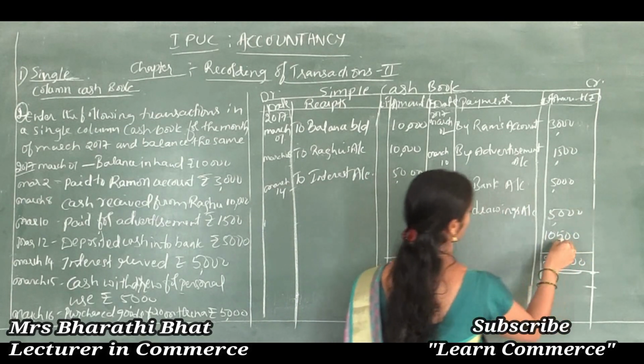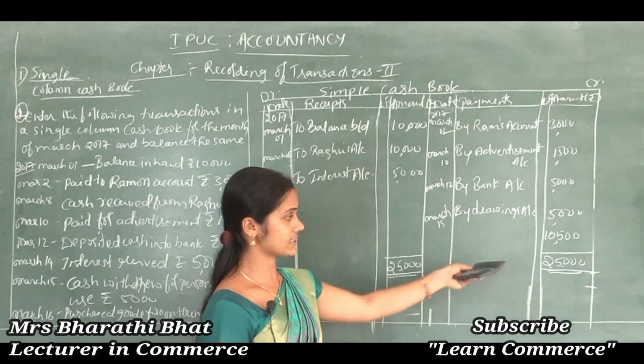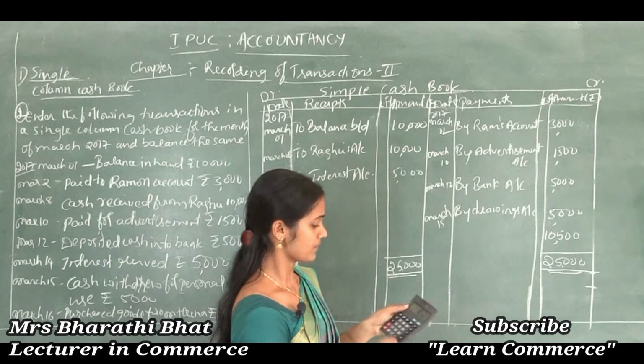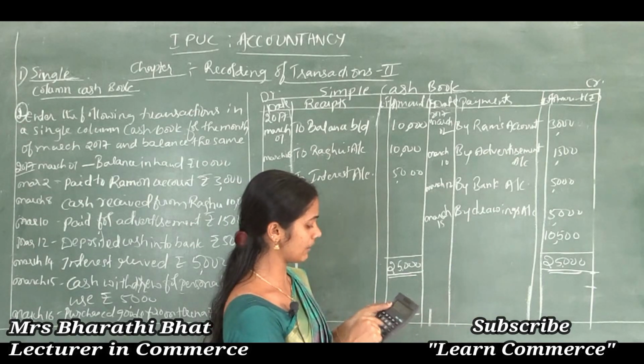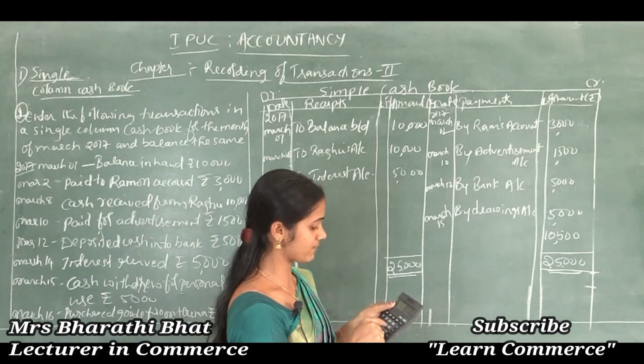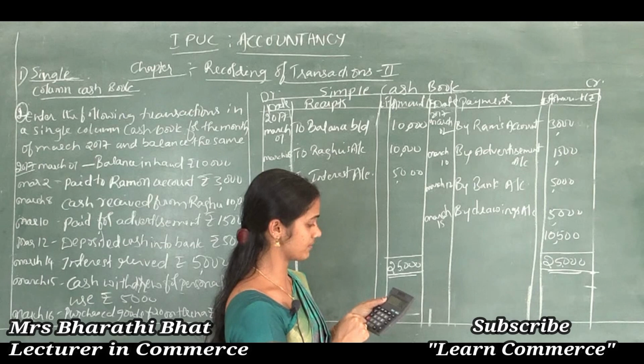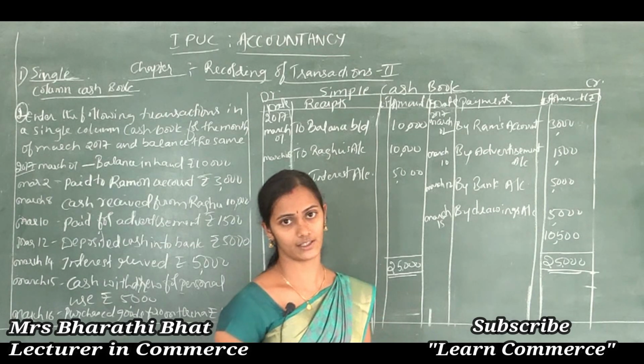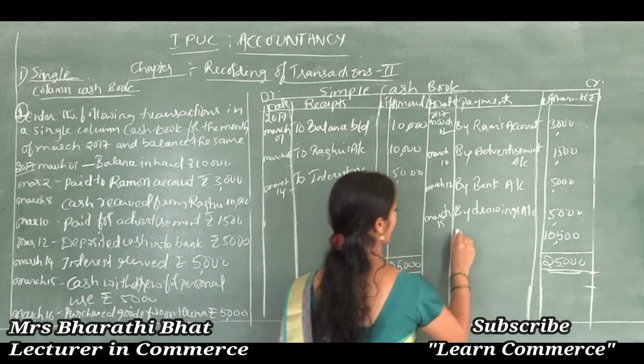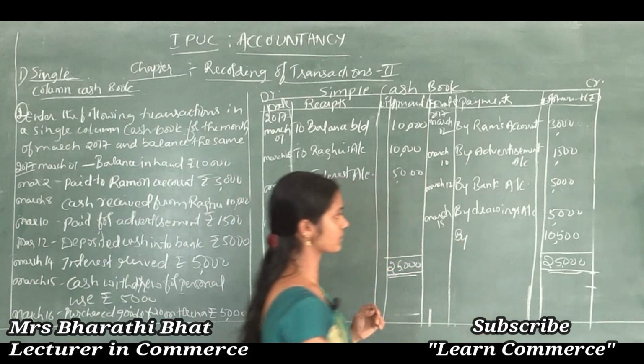Just by adding 10,500, you will get the same amount, 25,000. Let's check: 10,500 plus 5,000 plus 5,000 plus 1,500 plus 3,000, so 25,000. Okay.